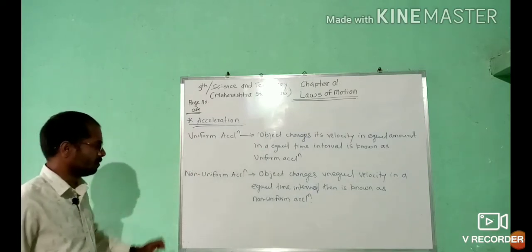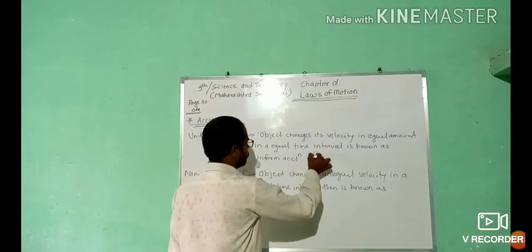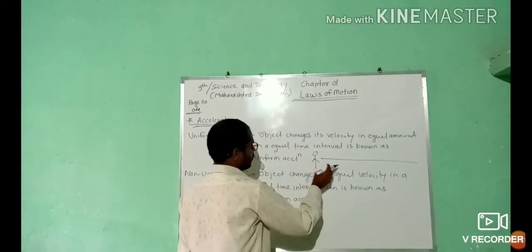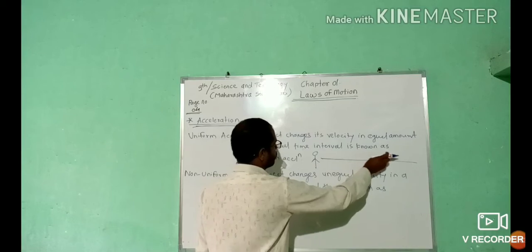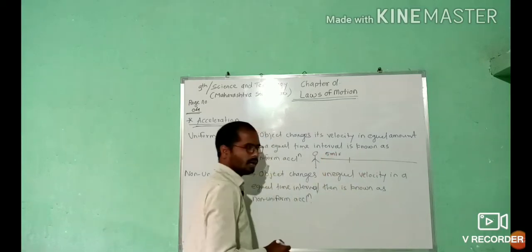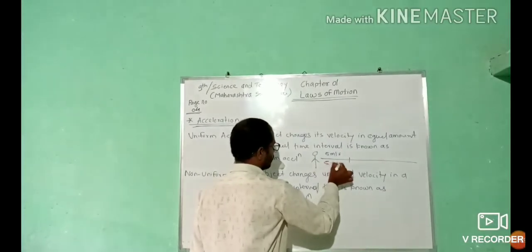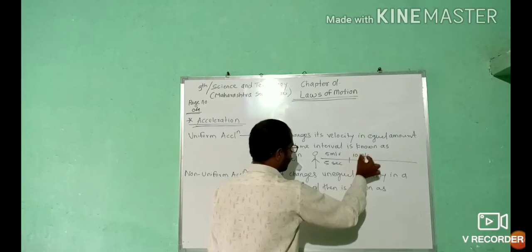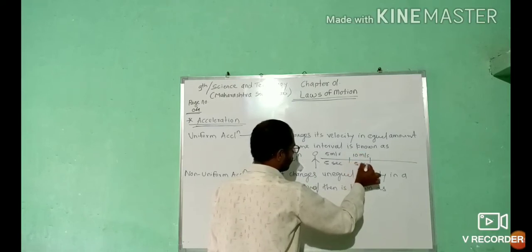Okay, uniform acceleration, which means suppose a person is moving and he has a velocity of 5 meter per second for the first 5 seconds. Then he has a velocity of 10 meter per second in another 5 seconds.